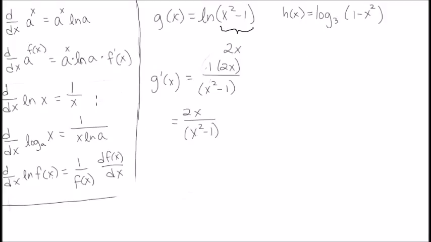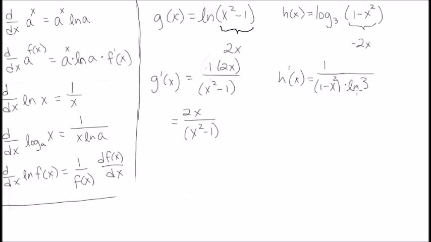For this other one, we need to basically do the chain rule version of the non-natural logarithm form. So again, we take the derivative of this inside term. It's negative 2x. We look at how you take the derivative of a base other than natural log, and you see that the derivative here is going to be 1 over the term in the logarithm, 1 minus x squared, times the natural log of the base.